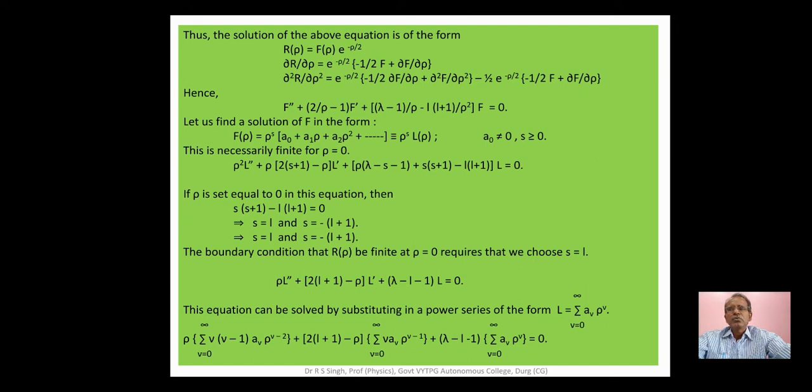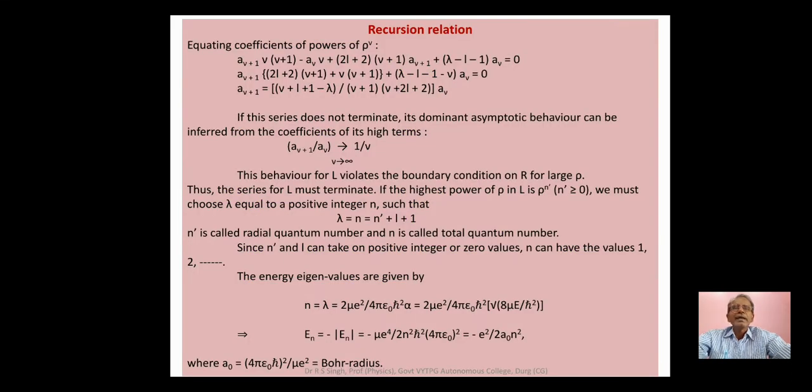Boundary conditions allow us to choose s equal to L. Next we seek a power series solution of the form L equal to summation over a nu rho to the power nu. Recursion relation: equating coefficients of power of rho to the power nu, we get the recursion relation between a nu plus 1 and a nu.